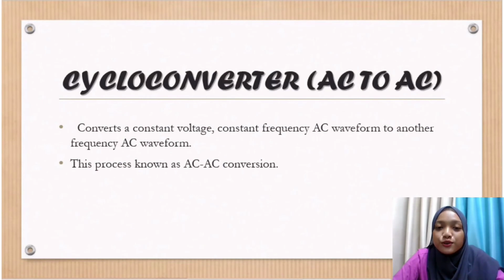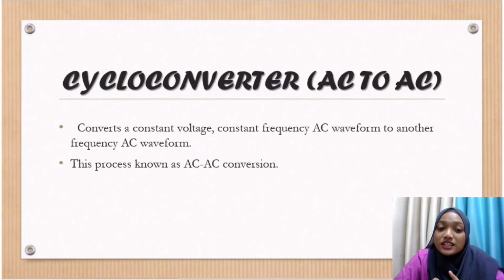Now I want to continue with the cycloconverter. What is the function of a cycloconverter? A cycloconverter converts a constant voltage, constant frequency AC waveform to another frequency AC waveform. This process is known as AC to AC conversion.